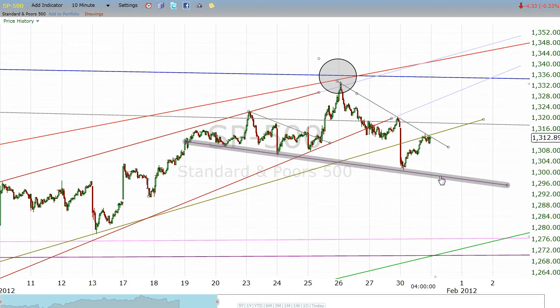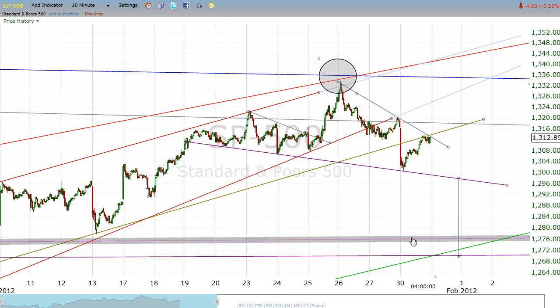If this line were to break down, we could measure the height of the head from whenever it breaks down, whenever that might be, and you can see that it makes sense in light of what we're expecting from this pattern, and that is a back test to that 1270-ish area.